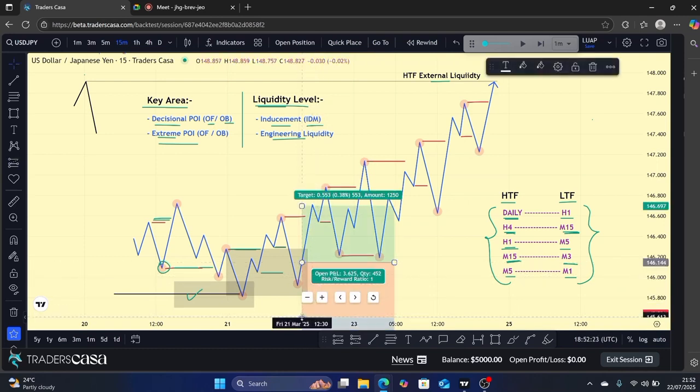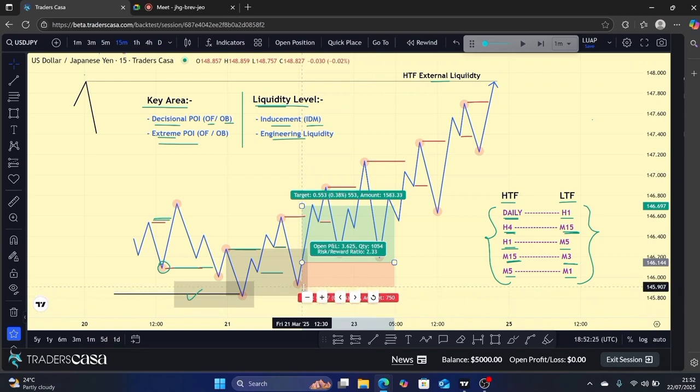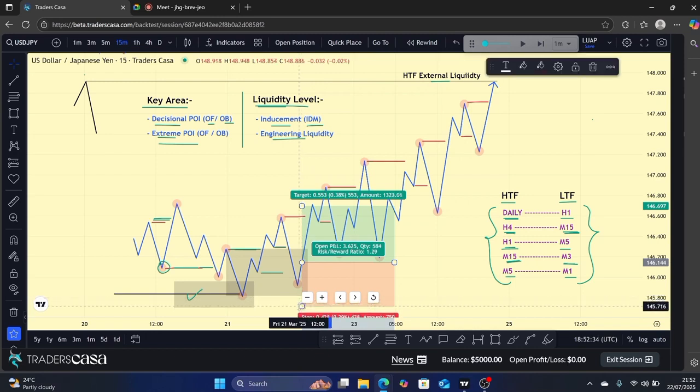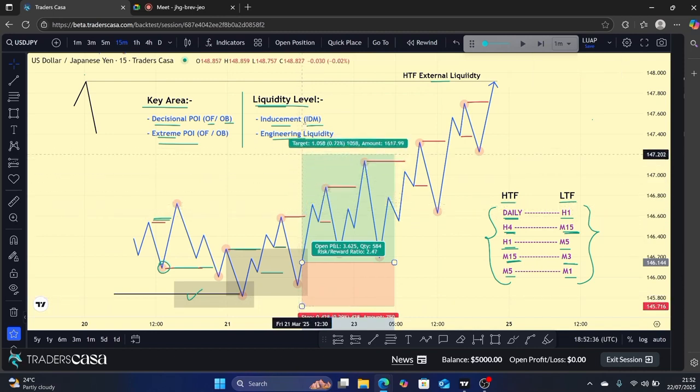But the most important thing, don't place your SL on the low of that reversal pattern. Place your stop loss at this low, or slightly below, and obviously target that higher time frame POI.